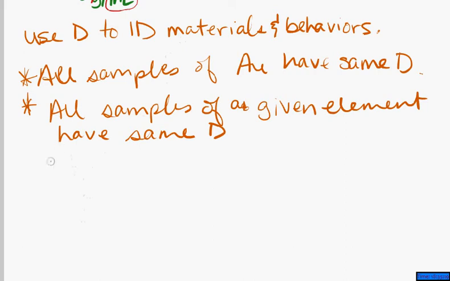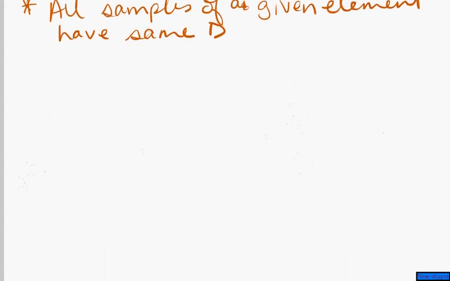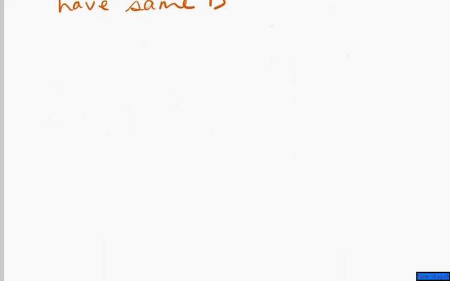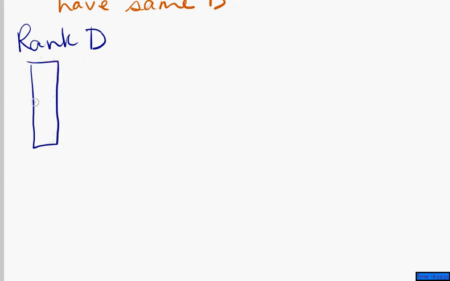The last thing we want to talk about is ranking density. Ranking densities. So we can rank densities. I'm sure that you've done this before. Have you ever put oil and water together in the same container? And then what happens?